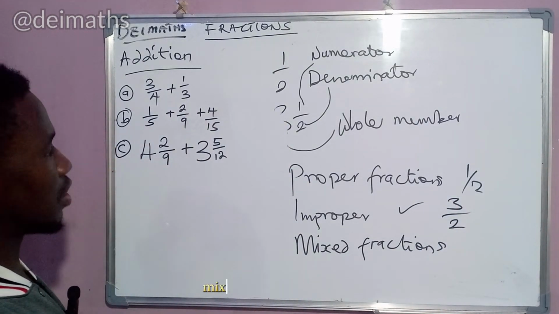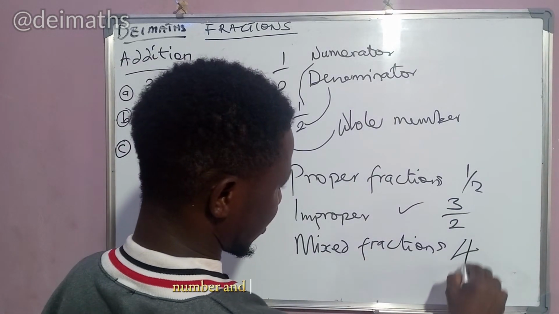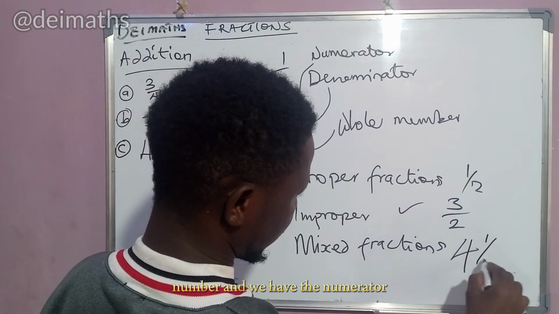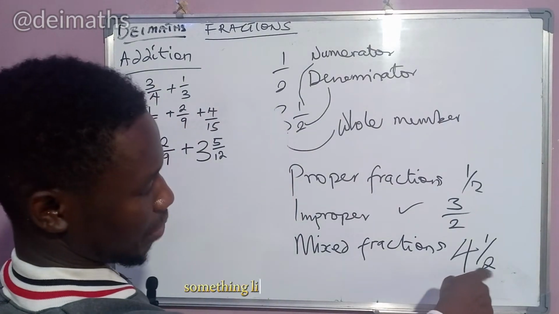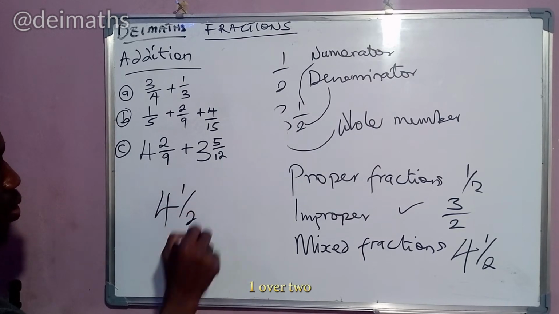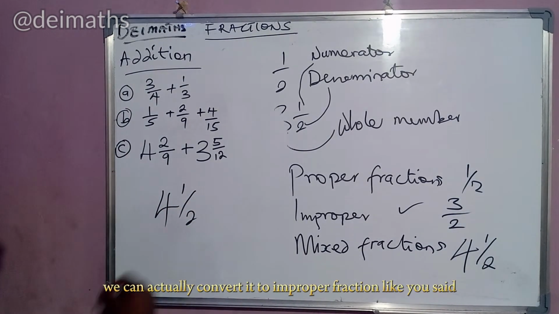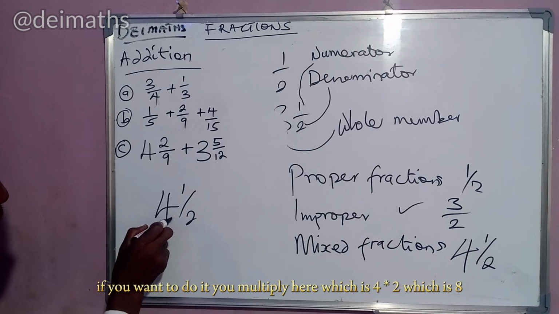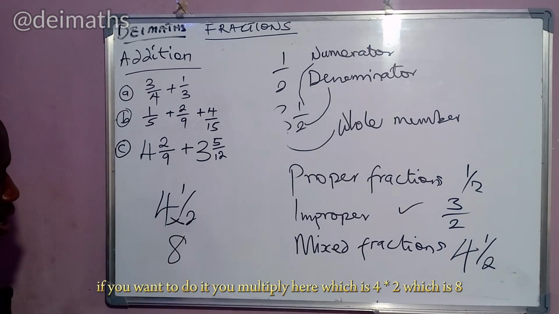Then the mixed fraction is this type, whereby we have a whole number, and we have the numerator, then we have the denominator. And then this one, let's say 4 1/2, we can actually convert it to an improper fraction. If you want to do it, you multiply here, which is 4 times 2, which is 8.